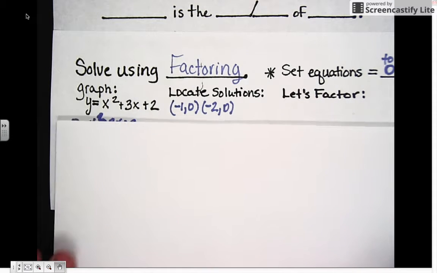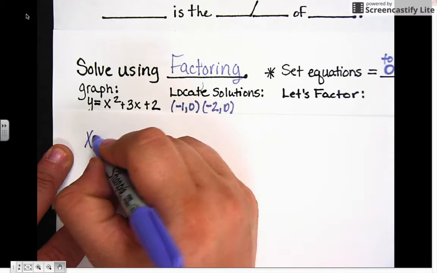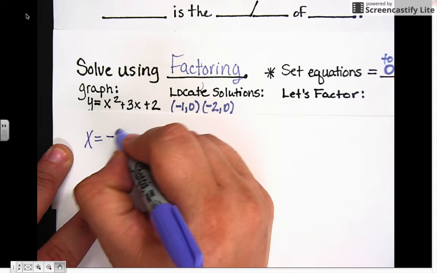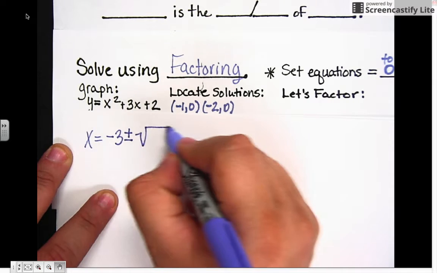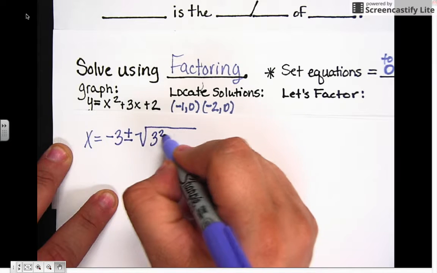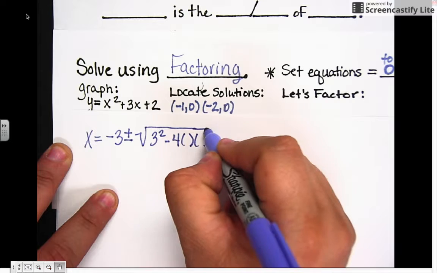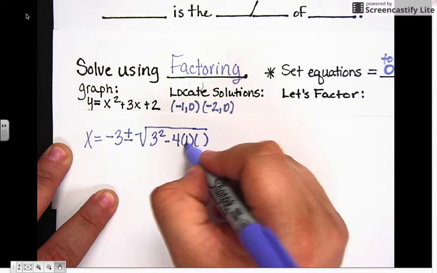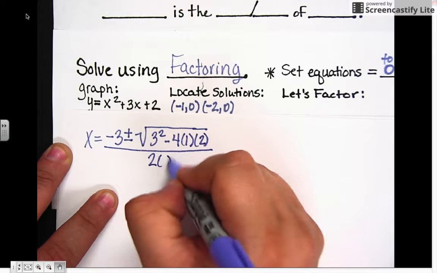If you were solving this with the quadratic formula, you would have x equals -b plus or minus the square root of b squared minus 4ac, which would give us 1 times 2, all divided by 2 times 1.